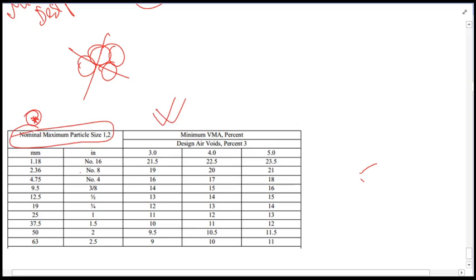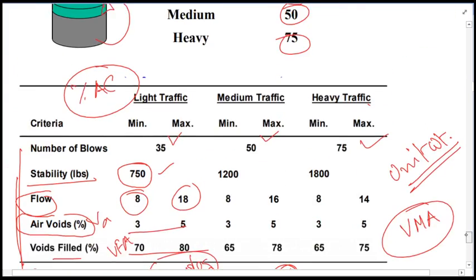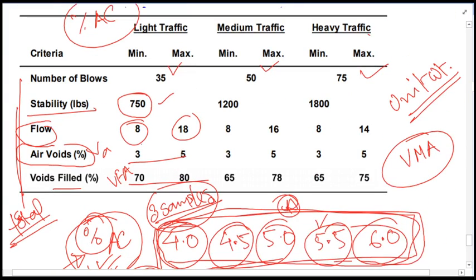In our case, we'll be using 19 millimeter. So if we are using the design air void which we'll be finding, based on that we will say this is 3% design air void, 4% design air void, and 5% design air void. From our previous criteria, you can see that the air void limit is always 3 to 5.